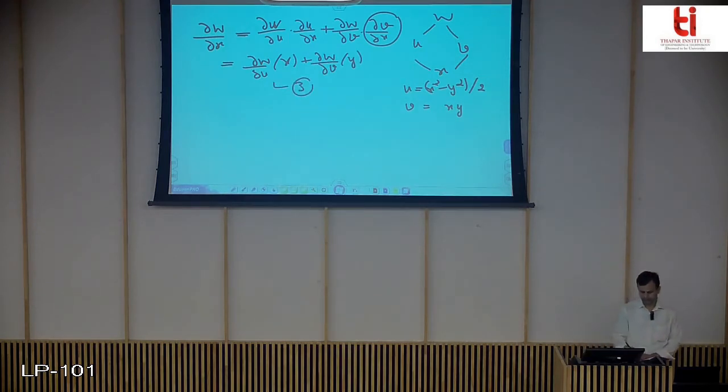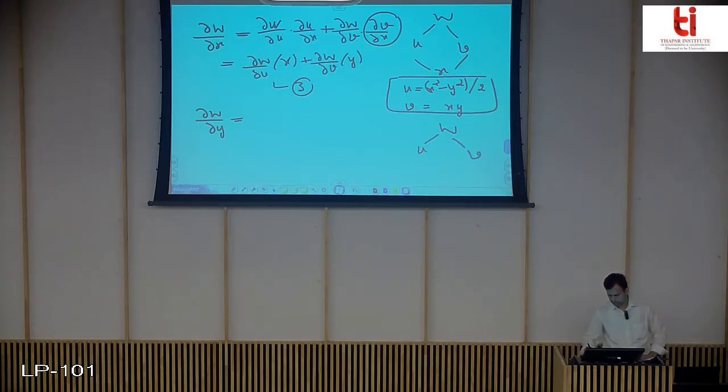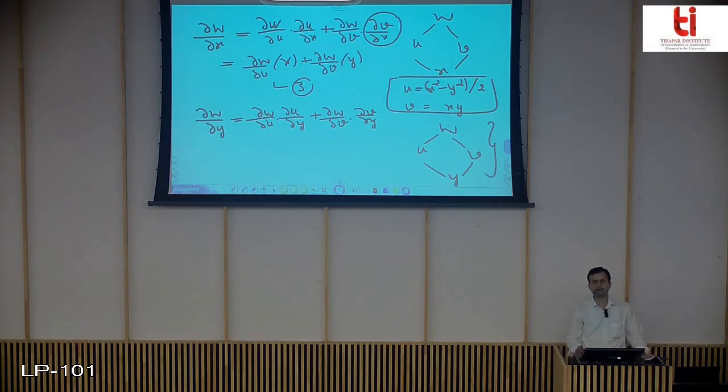Let us again similarly find the derivative of w with respect to y. According to chain rule, the scenario will be something like this. So you can find the derivative of w with respect to y like this: del w by del u times del u by del y, plus del w by del v times del v by del y. I have not memorized these formulas, but just by looking at the tree diagram, I am writing them.